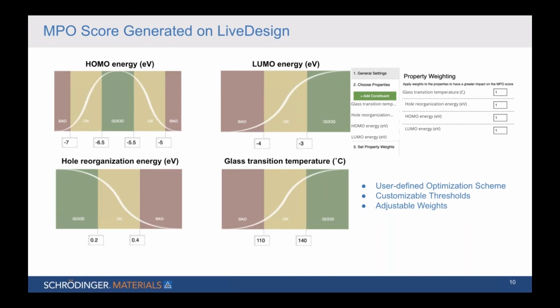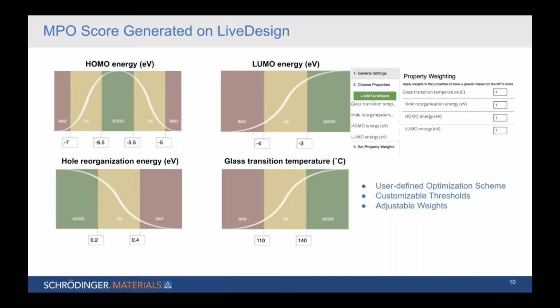For example, in our study, for the HOMO energy, we're trying to set a target value of minus 5.5, in this case minus 5.7, and you can specify both the inner tolerance and the outer tolerance of the target value. So you can define how narrow or how wide the peak is.